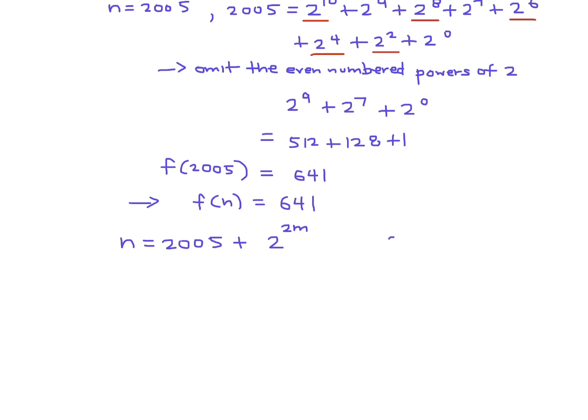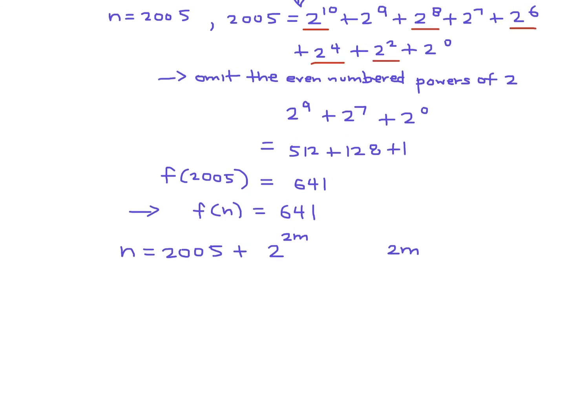So 2m has got to be greater than 10, because when we did 2005 in binary, 10 was our biggest exponent. So 2m has to be greater than 10, like 12 or 14. So for example, m has got to be greater than 5. So m can be 6 or 7 or 8 and so on.